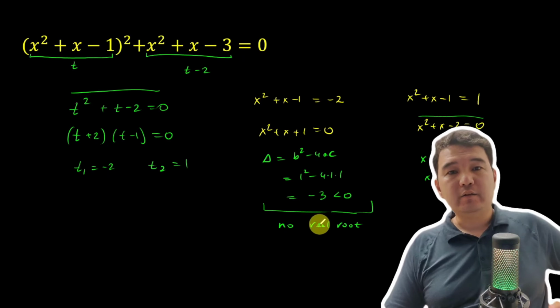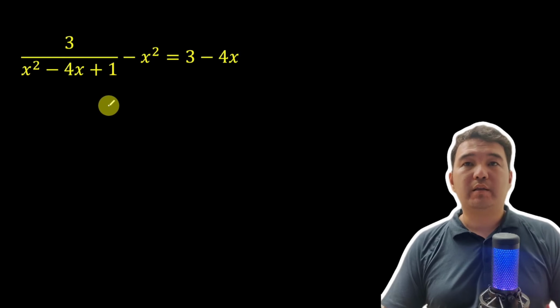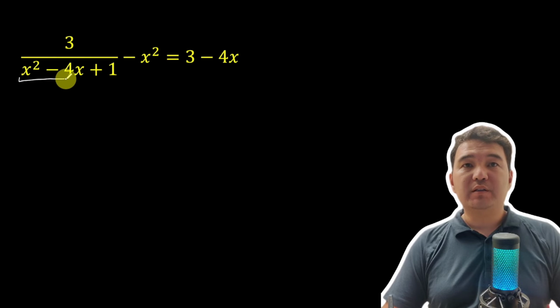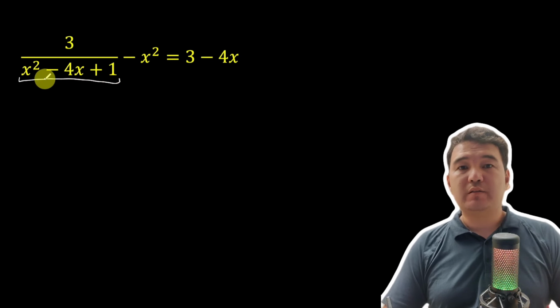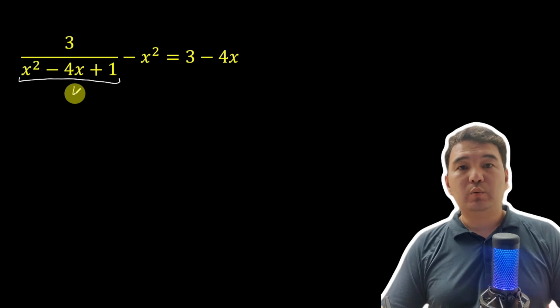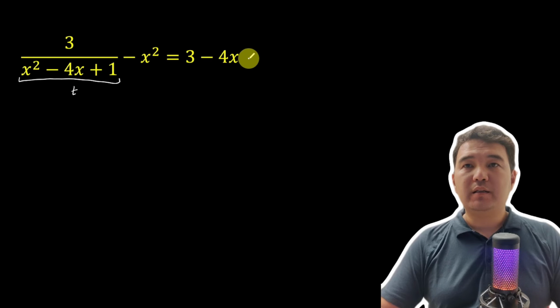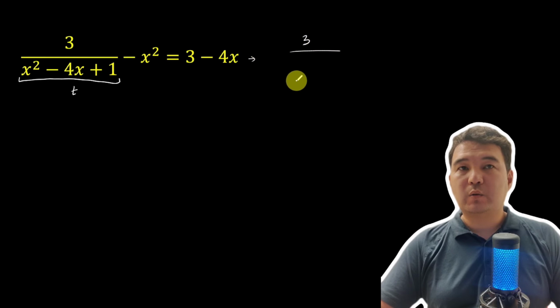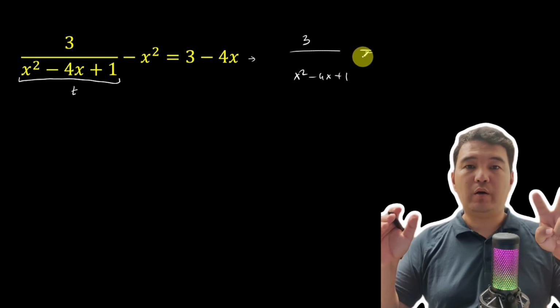Here's another equation which can be simplified to a quadratic equation. Let's start with changing variables and setting x squared minus 4x plus 1 equal to t. Let me rewrite the equation in this form: 3 over x squared minus 4x plus 1, and add x squared to both sides.